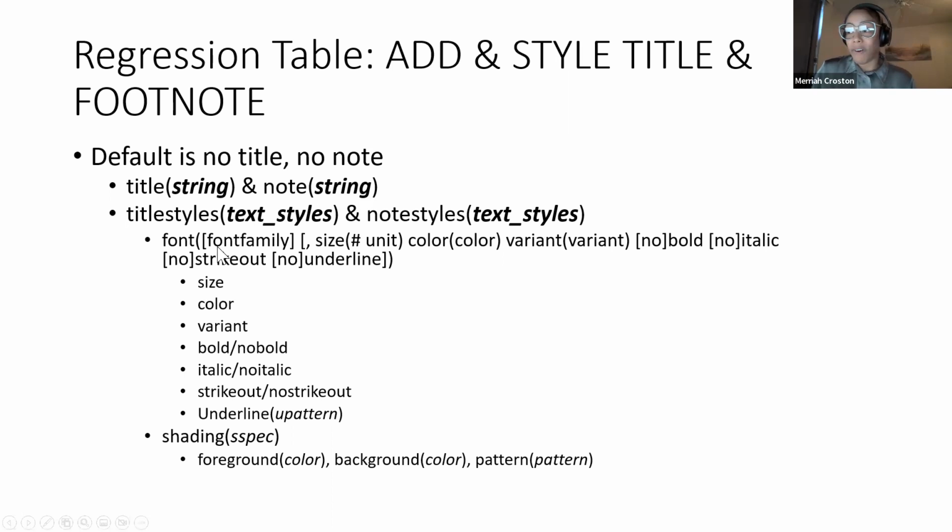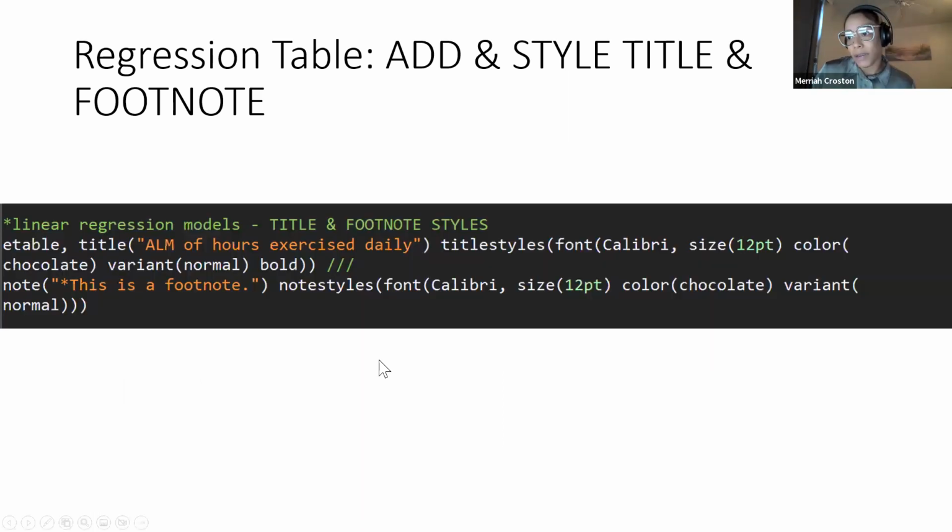We can style the font in various ways, size, color, whether we use bold text, italicized text, strike it out. We can also use shading, which isn't so useful for most of our purposes here, but you can shade the foreground, the background. You can add a pattern to your title or your note. There's a lot of flexibility here. So we'll do a bit of that today and just take a look at what the capabilities are in styling the titles and the notes in eTable.